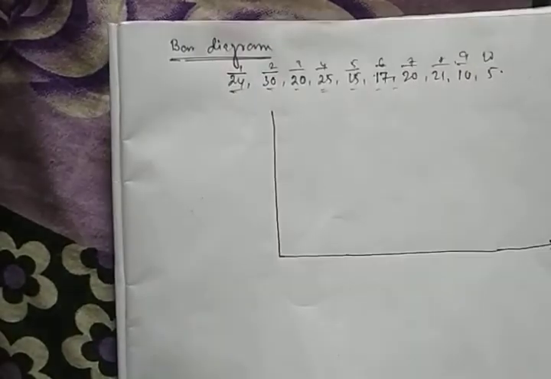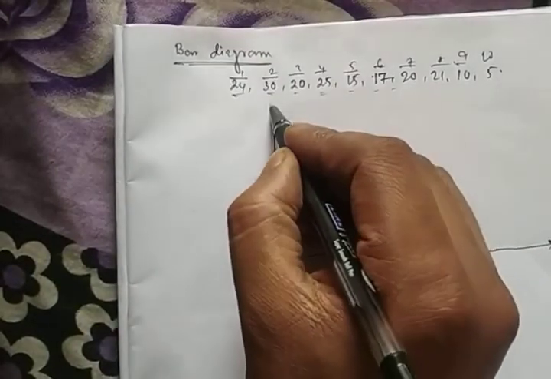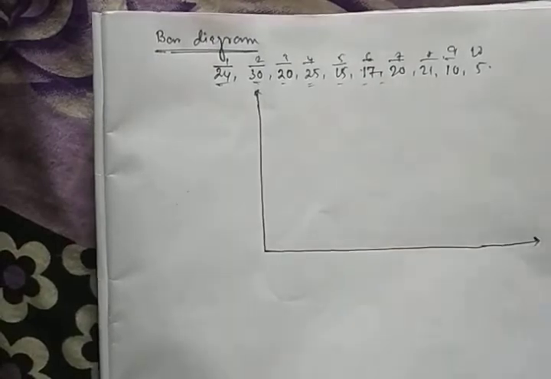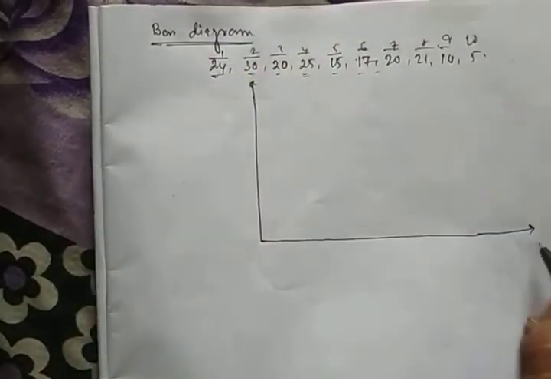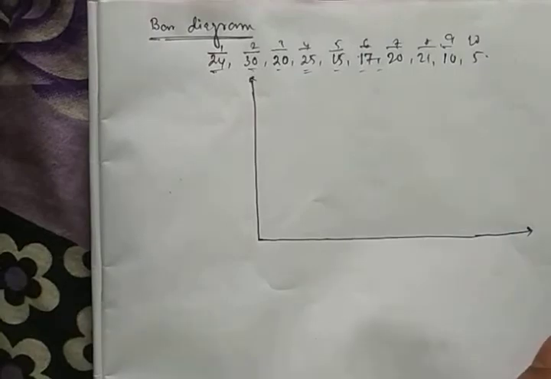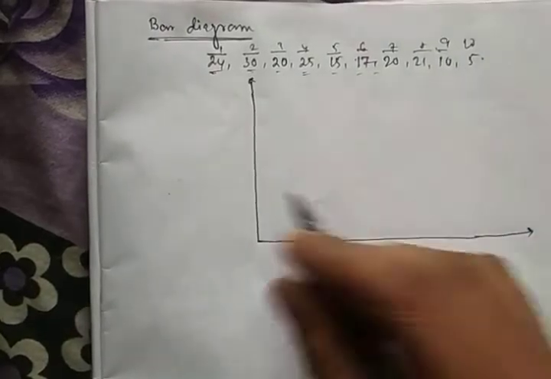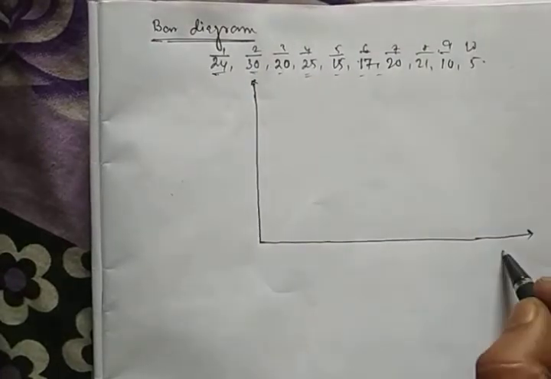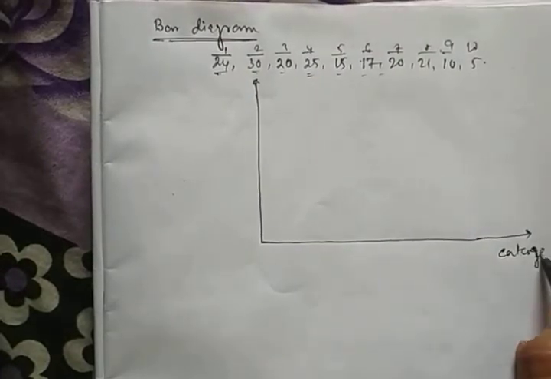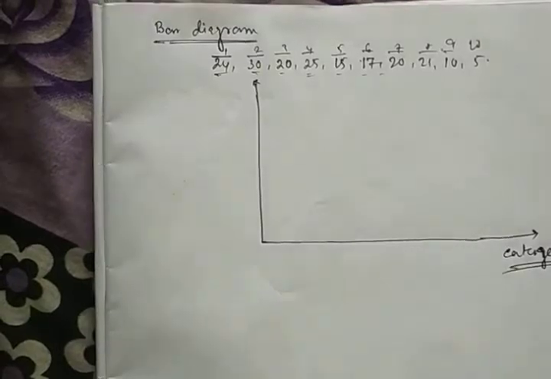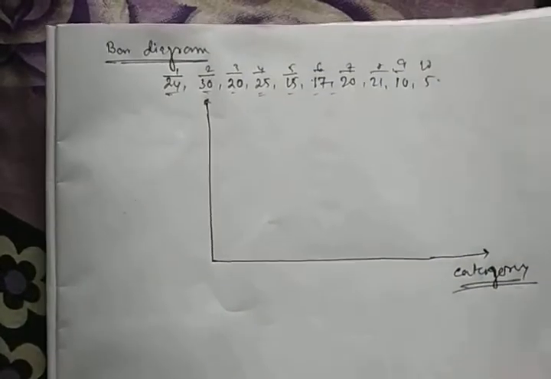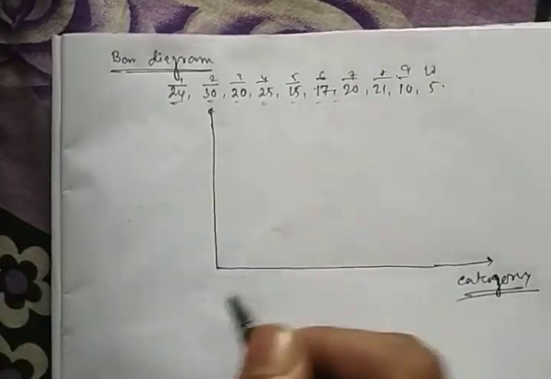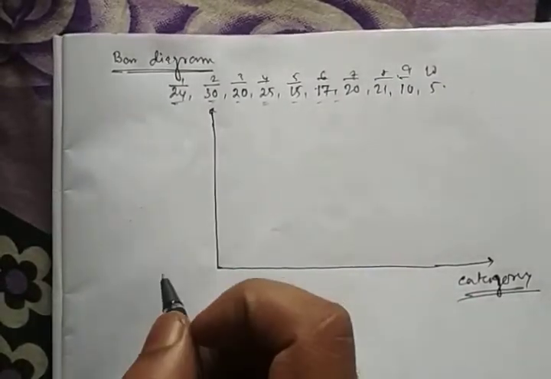So the 10 observations. This can also be called the category: category 1, category 2. Category 1 has the value 24.